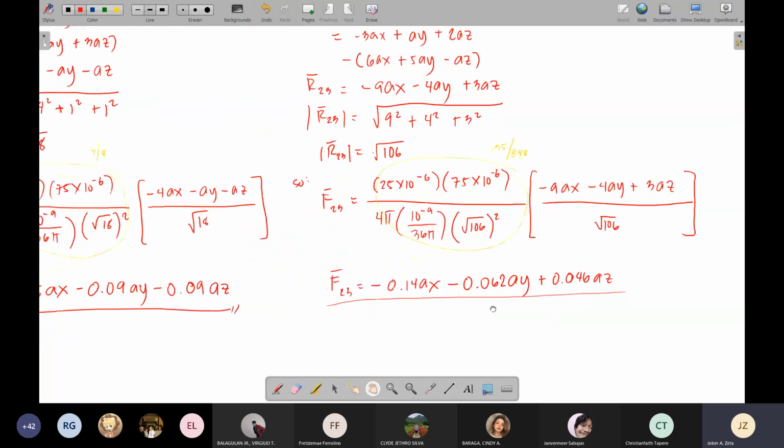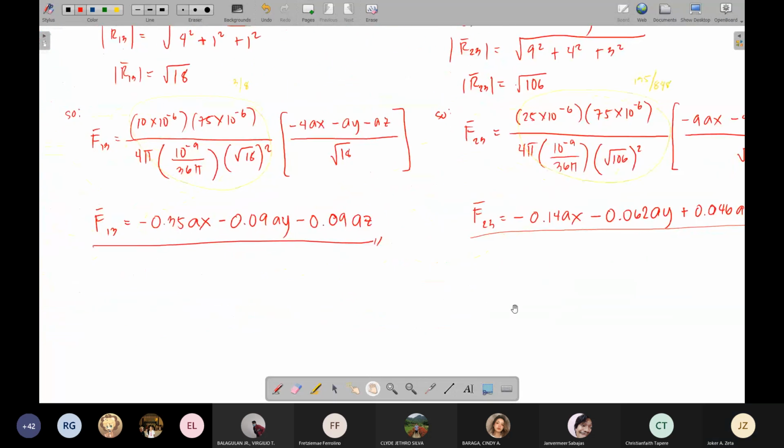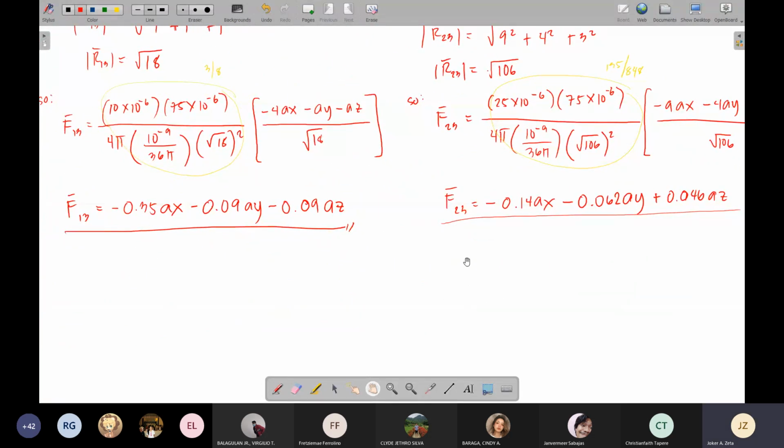But take note, dili pa nagihapon ang atong answer. Take note, what we're looking for is the total of both these forces. So, therefore, force total would be equivalent to force 1, 3 plus force 2, 3.